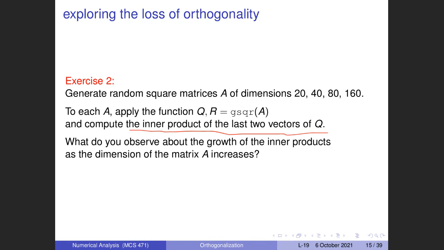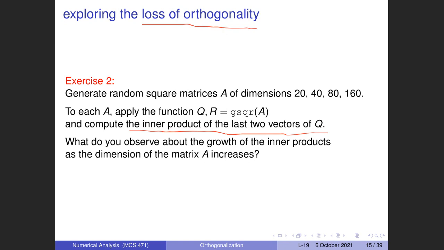So you will see that there is a growth that is rather unfortunate. And with this experiment, you will observe that this loss of orthogonality is indicating that the classical Gram-Schmidt algorithm is a numerically unstable method. So it's just like we've seen LU factorization without row pivoting, this way of working is actually not numerically stable.